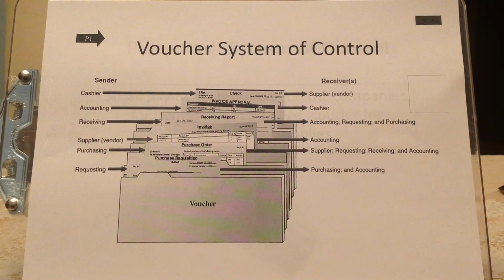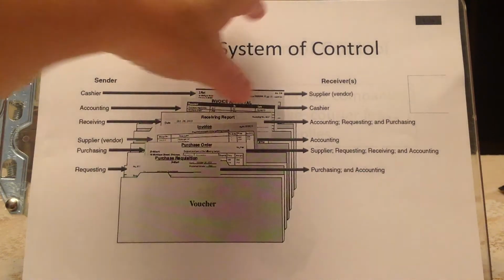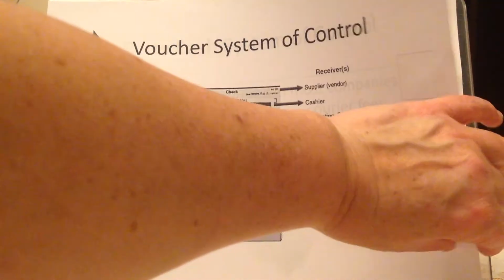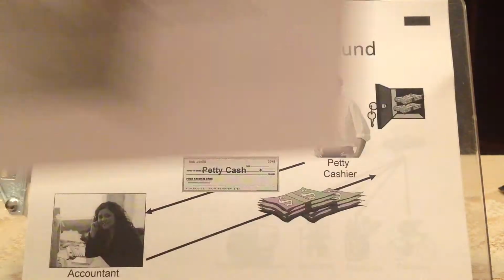So you see how the different departments get affected. Then accounting approves it, and it goes to the cashier for payment. The cashier writes the check and sends it to the supplier. So the whole process is requesting, purchasing, supplier, receiving, accounting, cashier, and then it finally gets sent out. It's kind of a long process, but it does prevent a lot of issues in the long run.